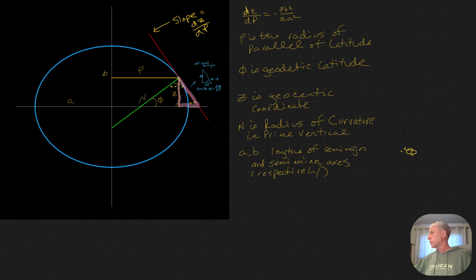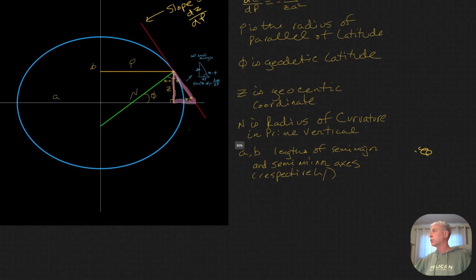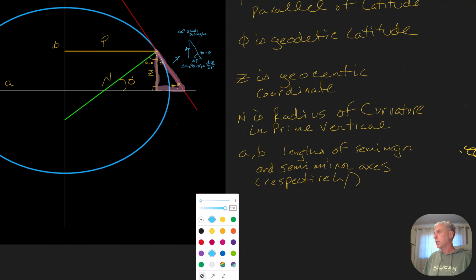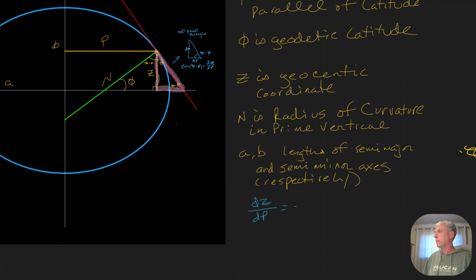So get back to 100% here. That gives us dz/dp equals minus p over z, and I'm going to separate this out a little bit, times b squared over a squared.